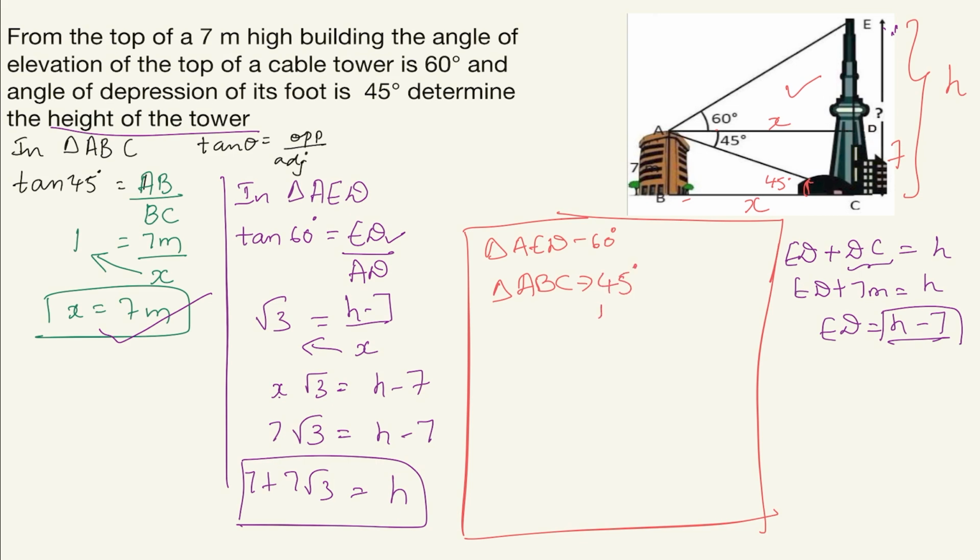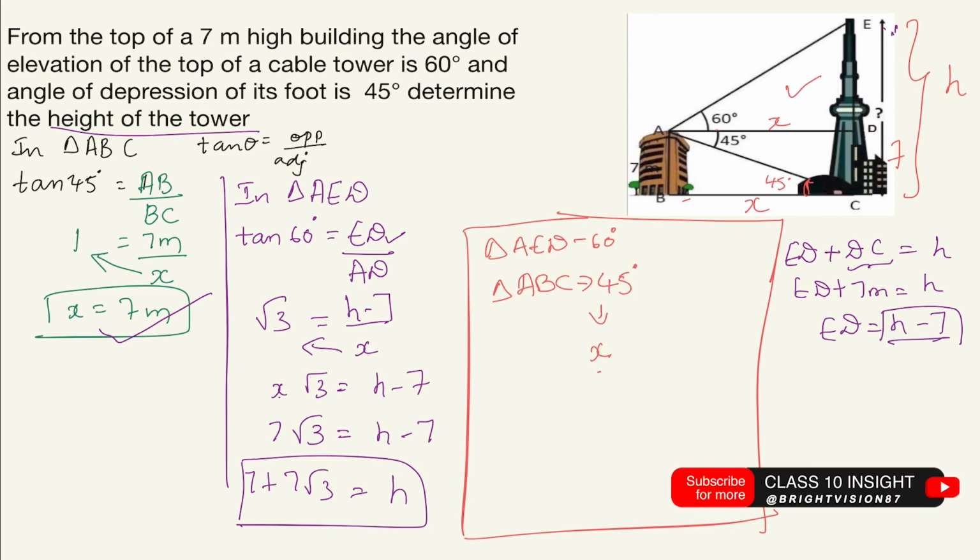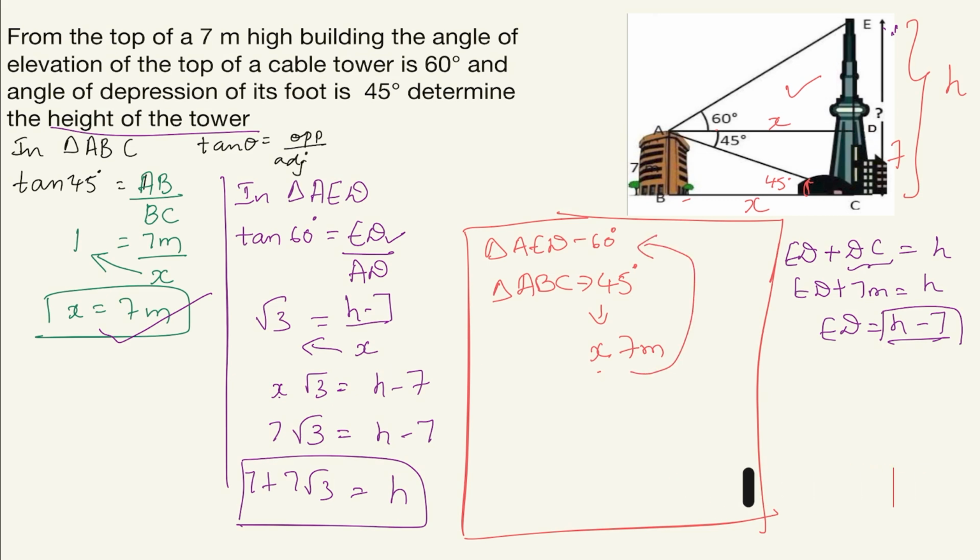On taking 60 degree here and triangle ABC taking 45 degree, we get the value of x as 7 meter. On substituting that here for taking tan ratios, we will be getting the value of height of the tower. This is a small recap.